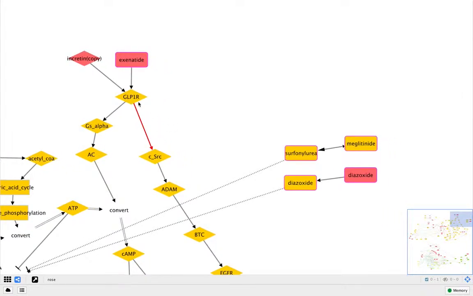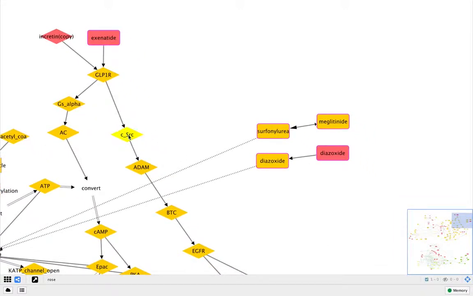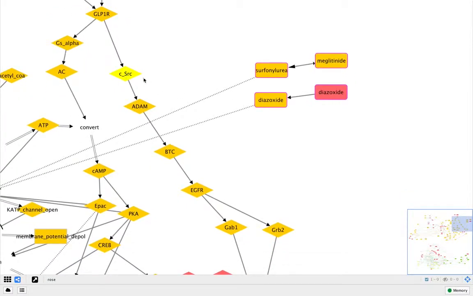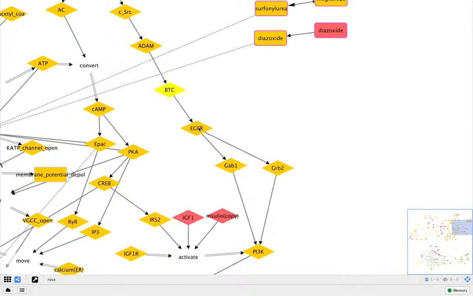So activation of the GLP-1 receptor also activates cSrc, which is a tyrosine kinase near the cell membrane, which activates ADAM, a kind of metalloprotease present in the plasma membrane of the beta cell, which also transfers the signal to BTC, betacellulin, which finally activates the EGFR.